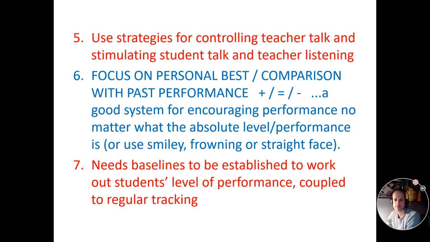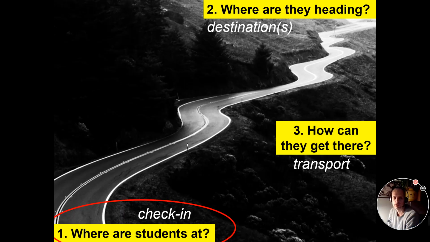But it would certainly, motivationally, support all pupils rather than just some, and rather than really disparaging and treading down on those that aren't performing at a high level in terms of absolute grades. So anyway, there we go.